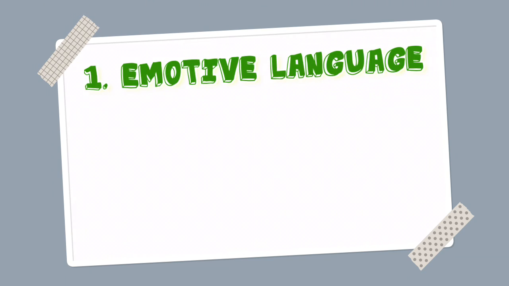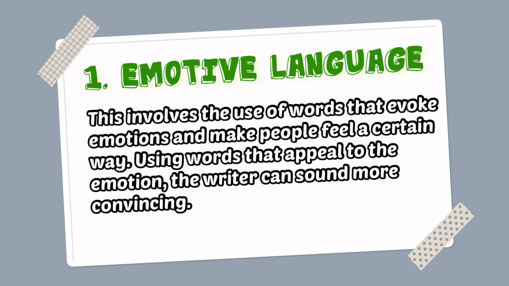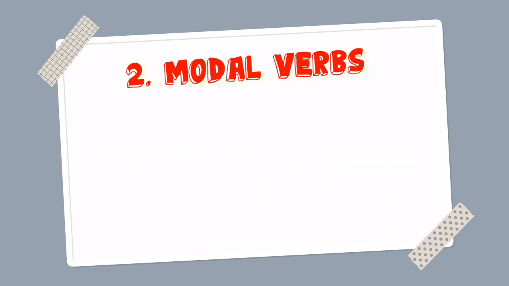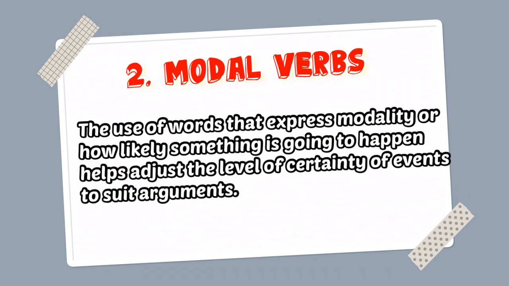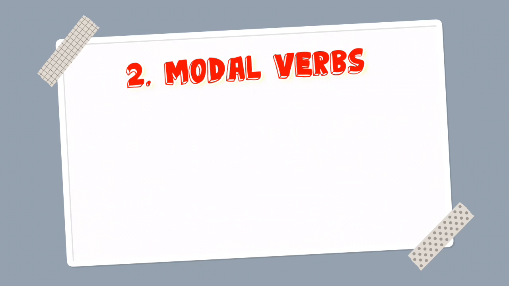Number 1, we have emotive language. This involves the use of words that evoke emotions and make people feel a certain way. Using words that appeal to the emotion, the writer can sound more convincing. Number 2, modal verbs. The use of words that express modality or how likely something is going to happen helps adjust the level of certainty of events to suit arguments.